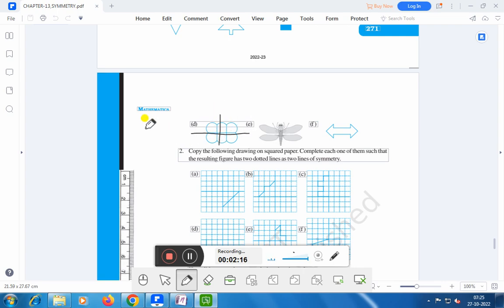In question number D we have only 2 lines of symmetry.